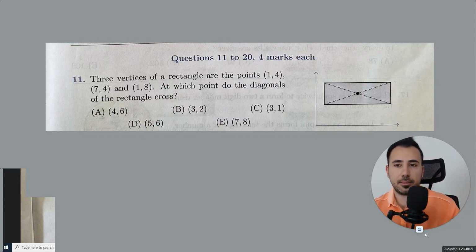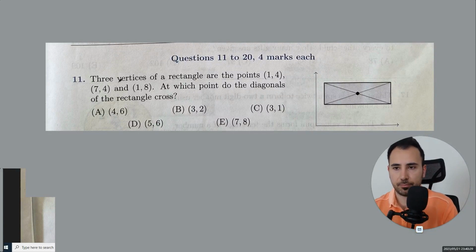Three vertices of a rectangle are the points (1, 4), (7, 4), (1, 8). At which point do the diagonals of the rectangle cross?